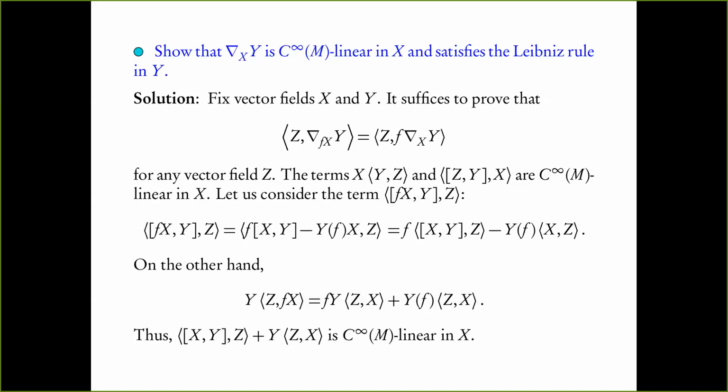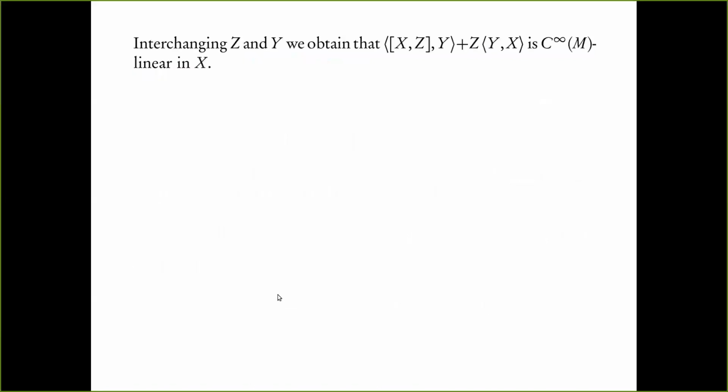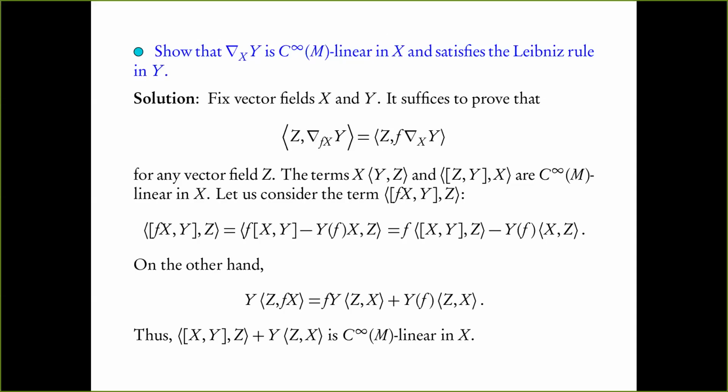So anyway, what we conclude so far is that this quantity is C infinity(M) linear in x because of what we just did. But now you can simply interchange y and z, because there's nothing specific about them, and this will still be C infinity(M) linear in x, correct? Entirely symmetric.